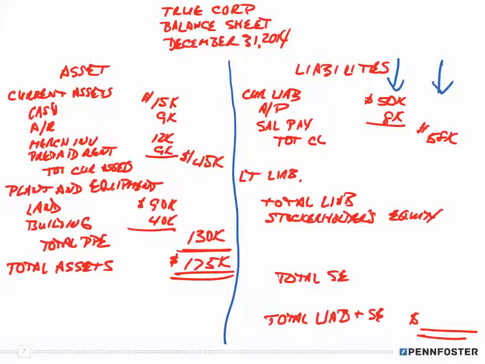Okay, so then we have our long-term liabilities, and the only one that we have is, and I'm indenting, a mortgage note payable. Okay, and I'm abbreviating obviously. Now because it's only one item here, it makes no sense for me to duplicate that by having a total long-term liability because it's only one line item.